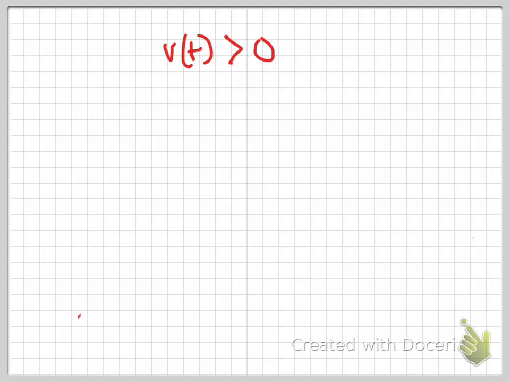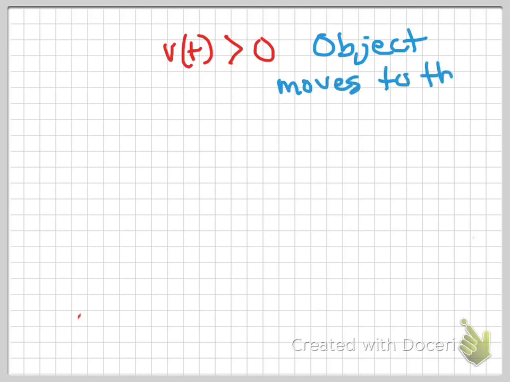So velocity being positive means that the object that's moving is either going to the right, so I'm going to write object moves to the right, or maybe we're talking about an object that's going up or down, so this positive velocity would mean it was moving up. So a positive number for velocity means the object moves to the right or it moves up.